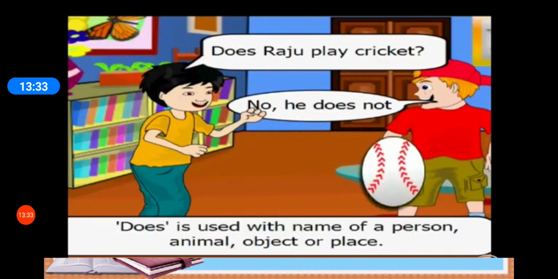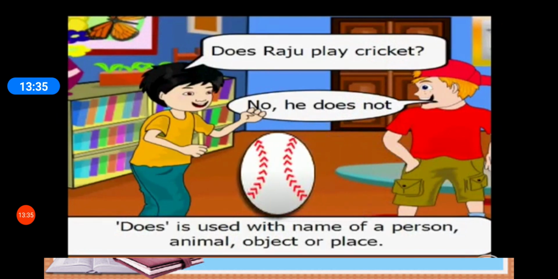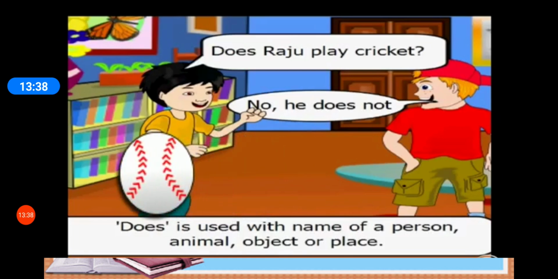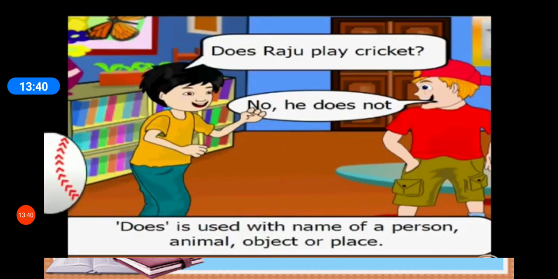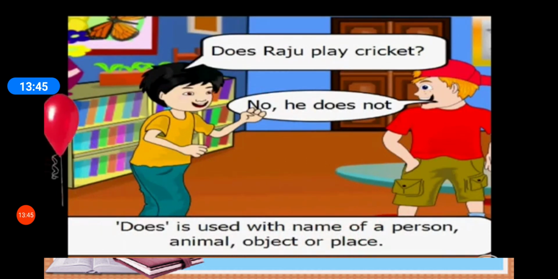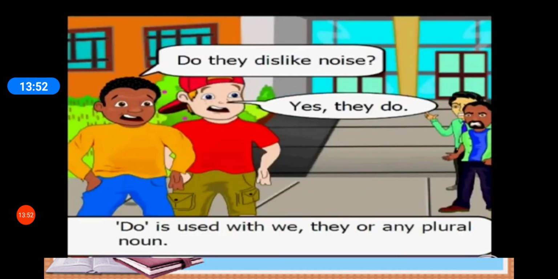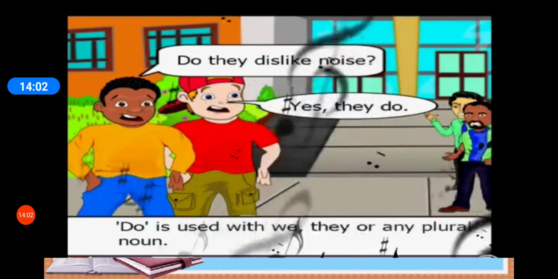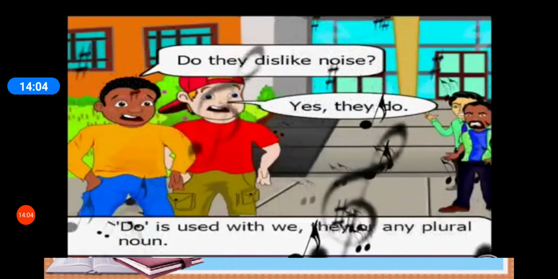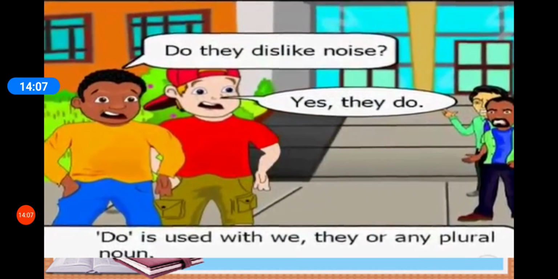Does is used with name of a person or animal or place, etc. That is singular noun. No, he doesn't means the reply is no. He doesn't play cricket. Do they dislike noise? Do is used with we, they, or any plural noun. Yes, they do means the reply is yes, they dislike noise.